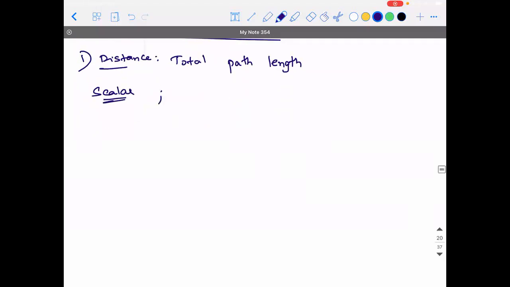Second, what is going to be the SI unit for it? Meter. CGS? Centimeter. Okay. This is distance. Now, what about the other thing? That is speed. So what do you call speed?